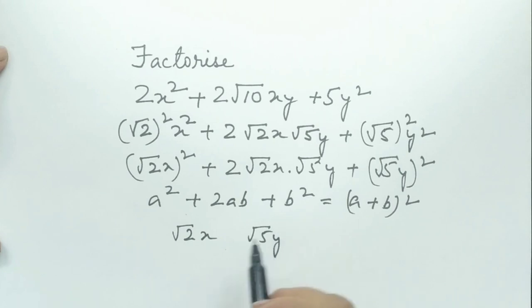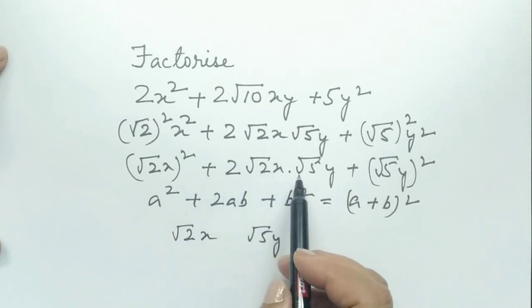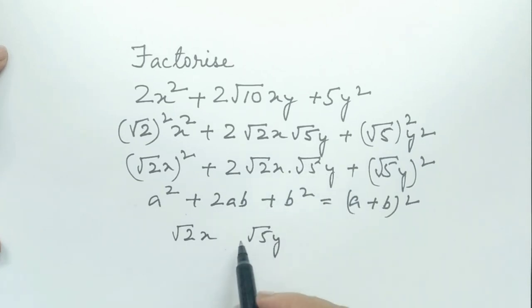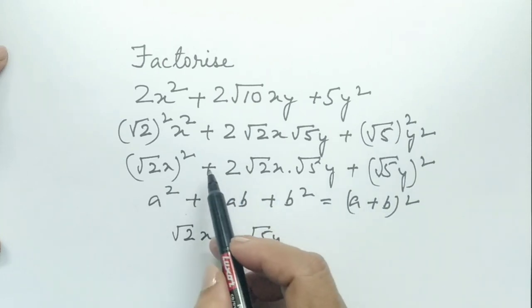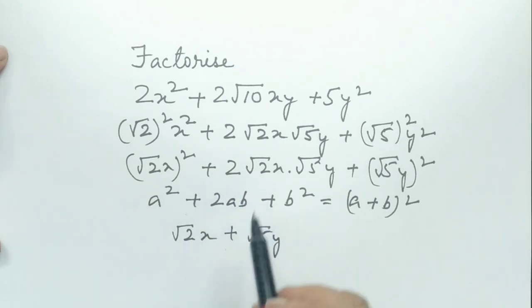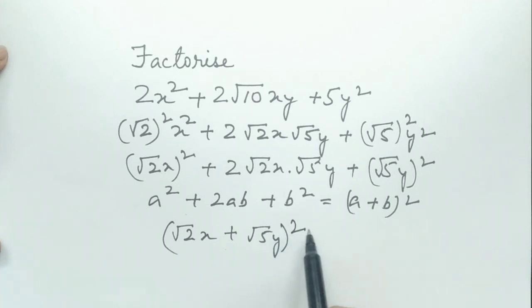So what decides the sign to be placed here is plus 2ab. Okay, so we have plus 2 root 2x dot root 5y, which means plus, and this is my b square. So this one decides what sign to put over here. Okay, if there was a minus here, we would put a minus here, and this is to be squared.